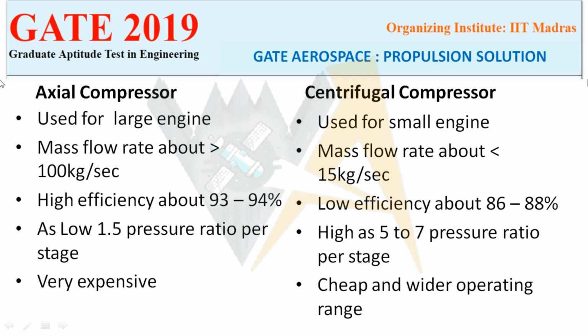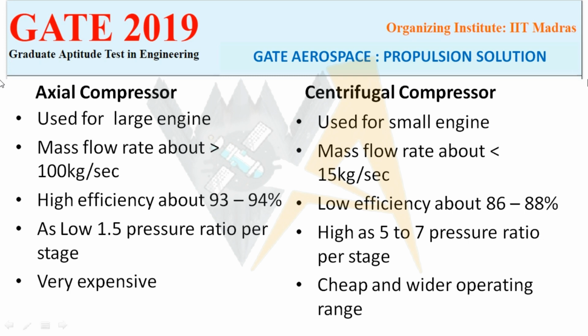Next, axial compressors have the highest efficiency, approximately 93 to 94 percent, whereas centrifugal compressors have lower efficiency, about 86 to 88 percent.